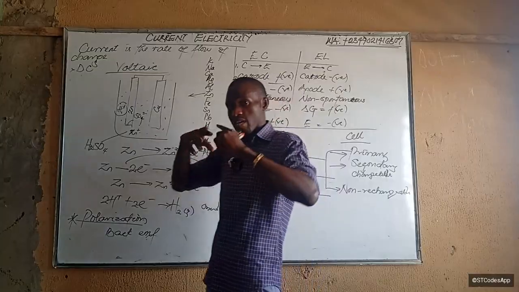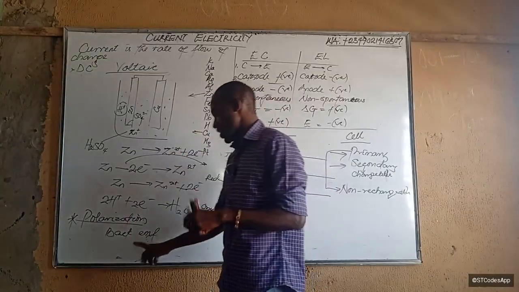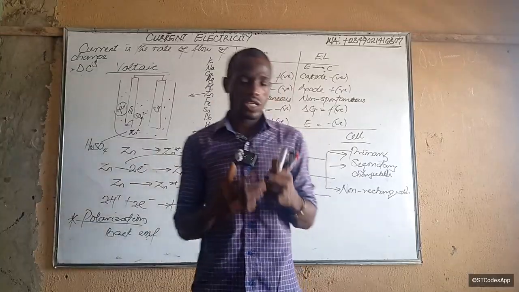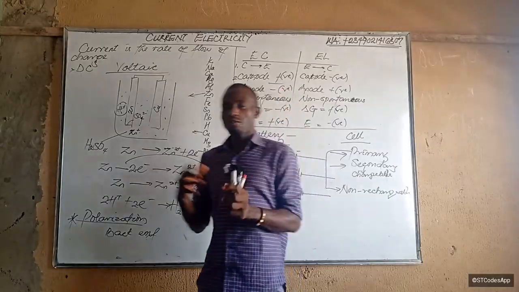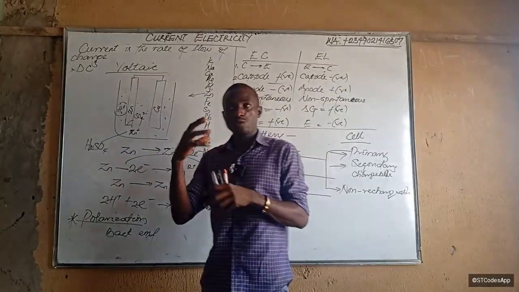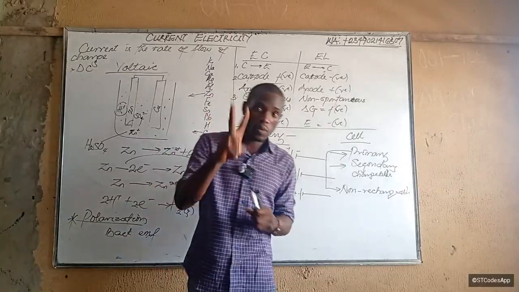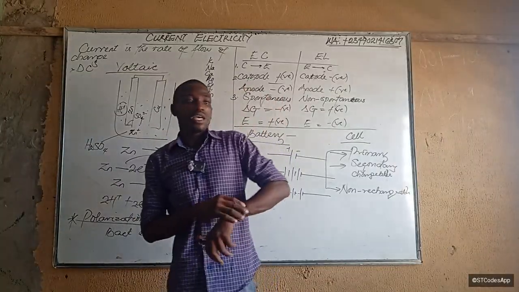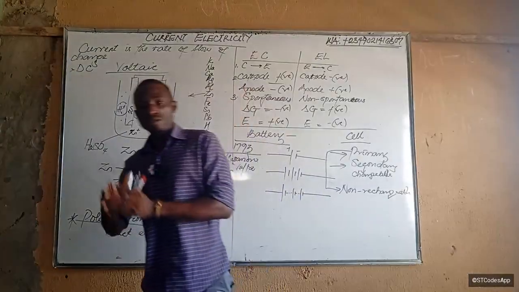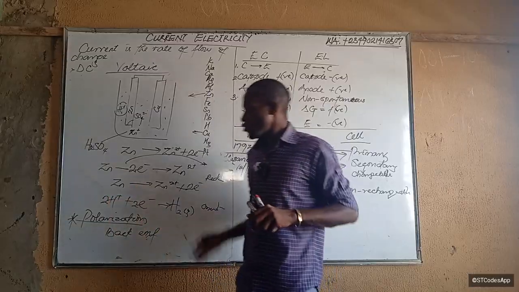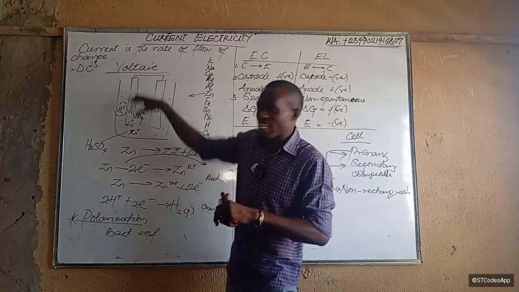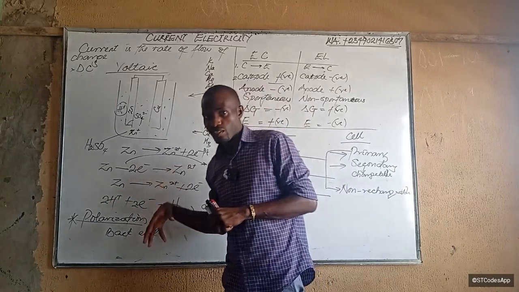An EMF that opposes. EMF simply means electromotive force, okay? And I'm going to explain that in detail. Electromotive force is just like voltage. It's also voltage, another way to talk about voltage. There are two major ways to talk about voltage: we have EMF and potential difference, and I'm going to separate between the two for you. Now, we use EMF here because it is within the cell, not potential difference.